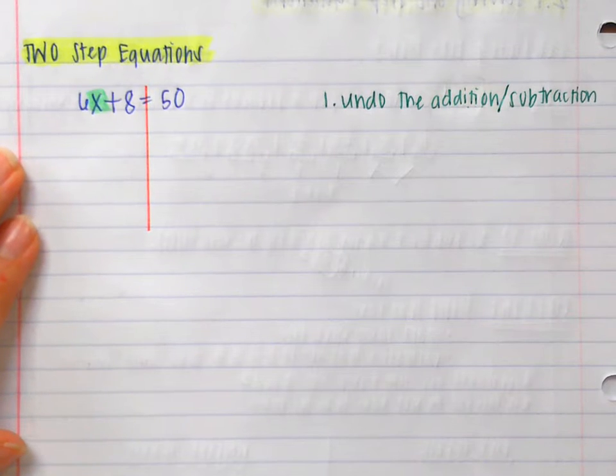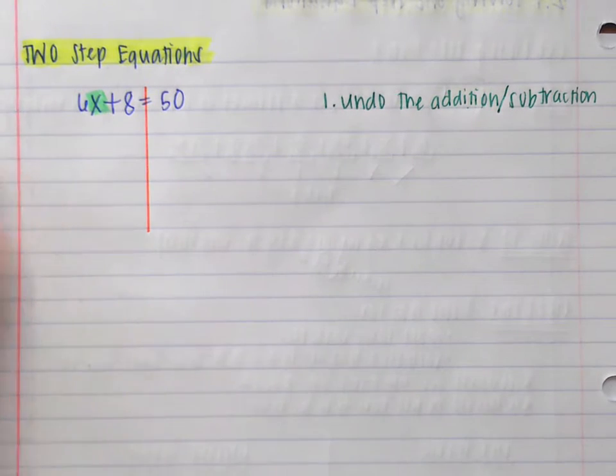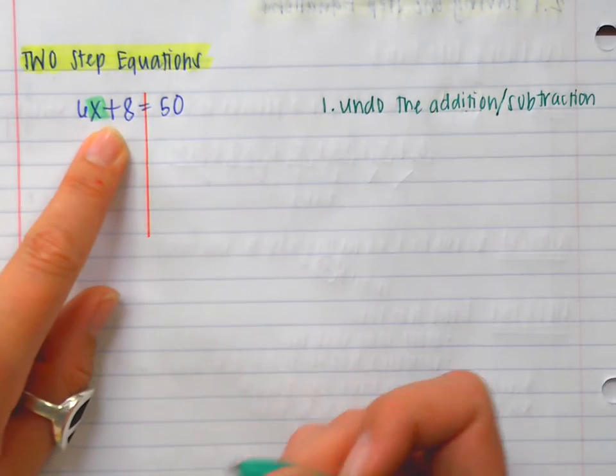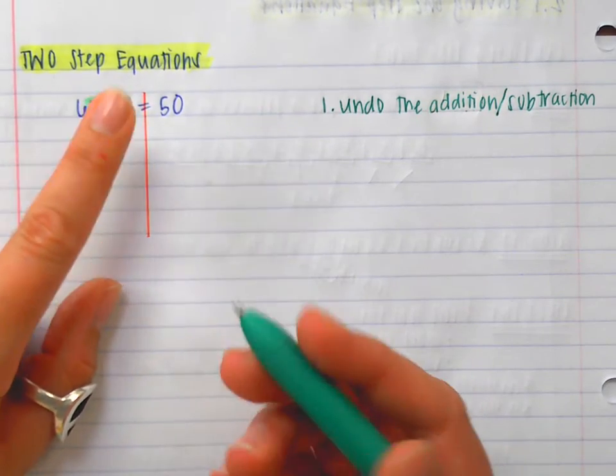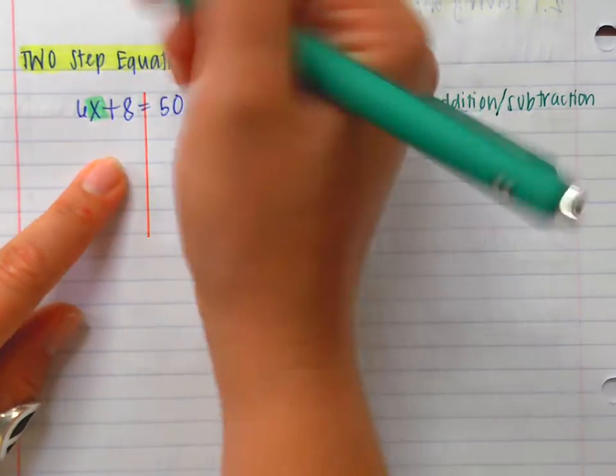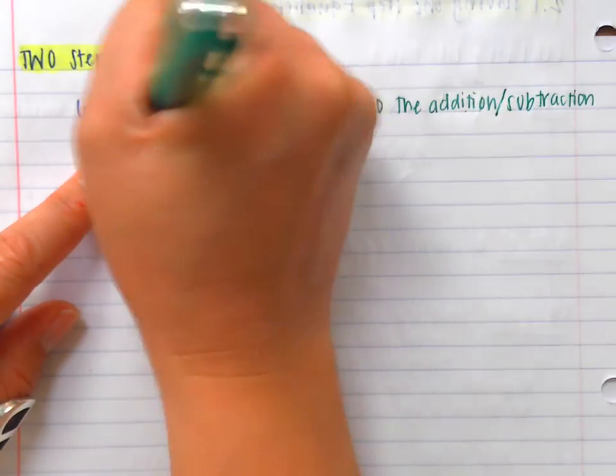So that's the first thing I'm going to undo. And what we're really undoing is the order of operations. So we have GEMDAS, right? The first thing, like when we're simplifying, is grouping, exponents, multiplying, dividing, and then adding and subtracting. So when we're undoing it, we're going in the opposite direction. So if we have this plus 8, the first thing I'm going to do is move this to the other side. So to undo a positive, we're going to subtract 8 from both sides.